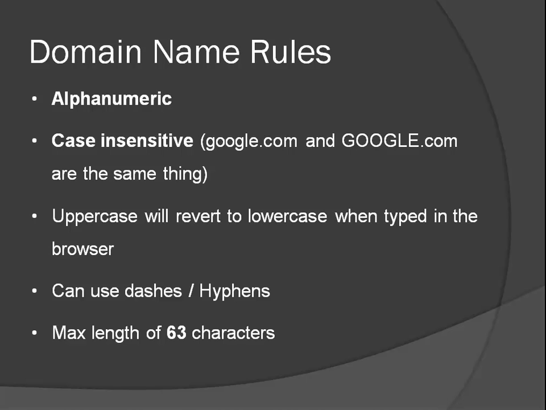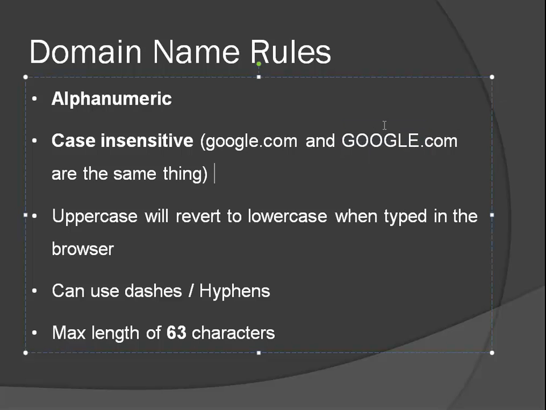So domain name rules, these are things that you need to follow when you're creating a new domain. They have to be alphanumeric, so numbers and letters are okay. Although I don't think you can start it with a number, but I'm not positive. They're case insensitive. Google.com lowercase is the exact same as uppercase Google.com.